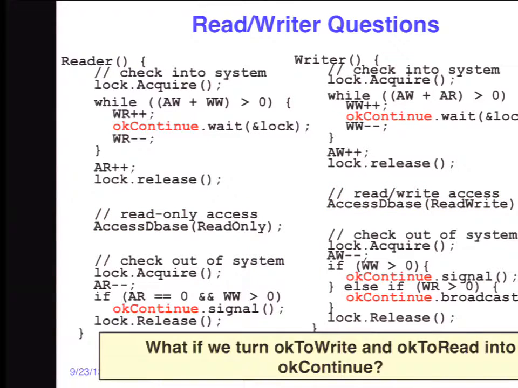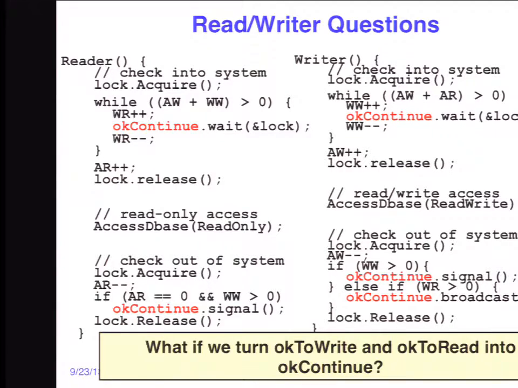Okay, what if we just say we only want one condition variable? So we're going to have an OK to continue condition variable instead of OK to read and OK to write. And will this work? Yes, no, maybe. Yeah.